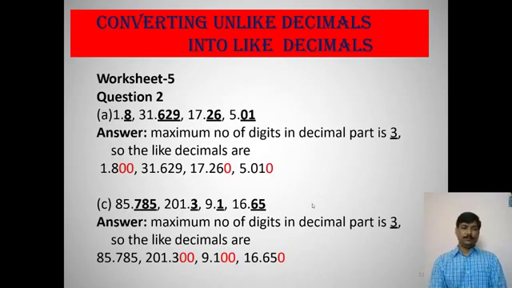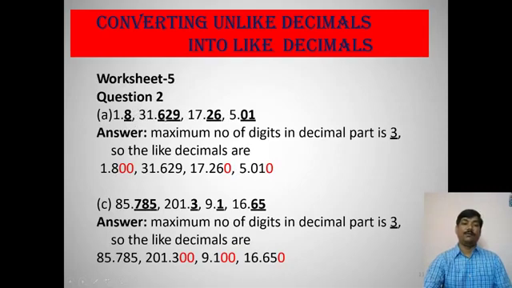Now some more examples to convert unlike decimals into like decimals. These are some decimals. You have to convert them into like decimals: 1.8, 31.6, 29, 17.26, 5.01. First we have to find the maximum number of digits. The maximum number of digits in the decimal part is 3. So you have to make each decimal number up to the thousandths place.